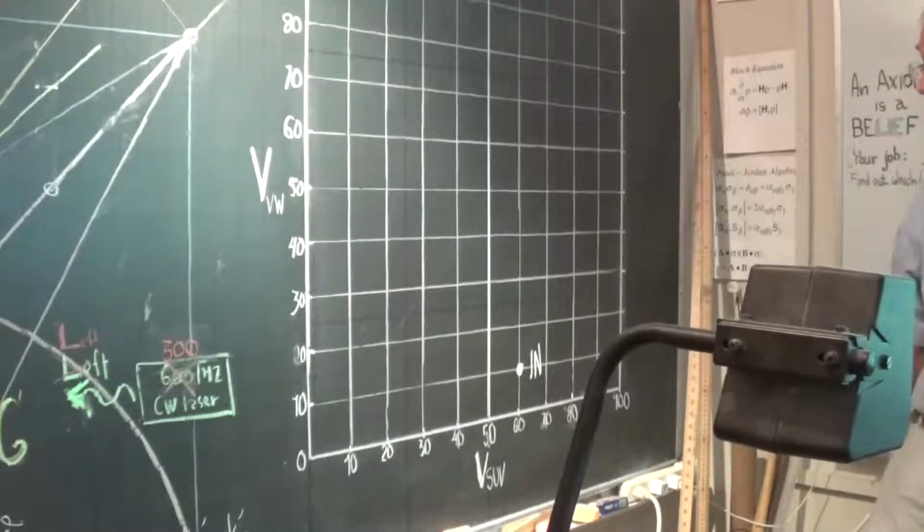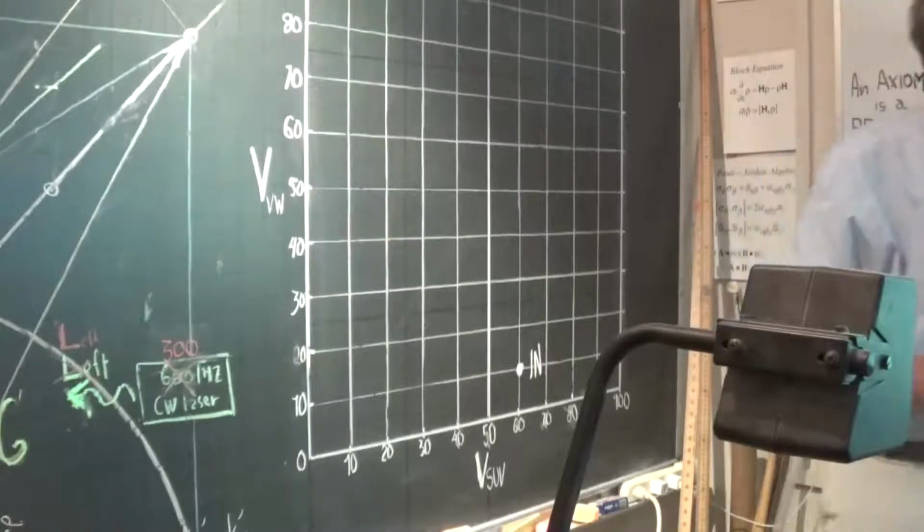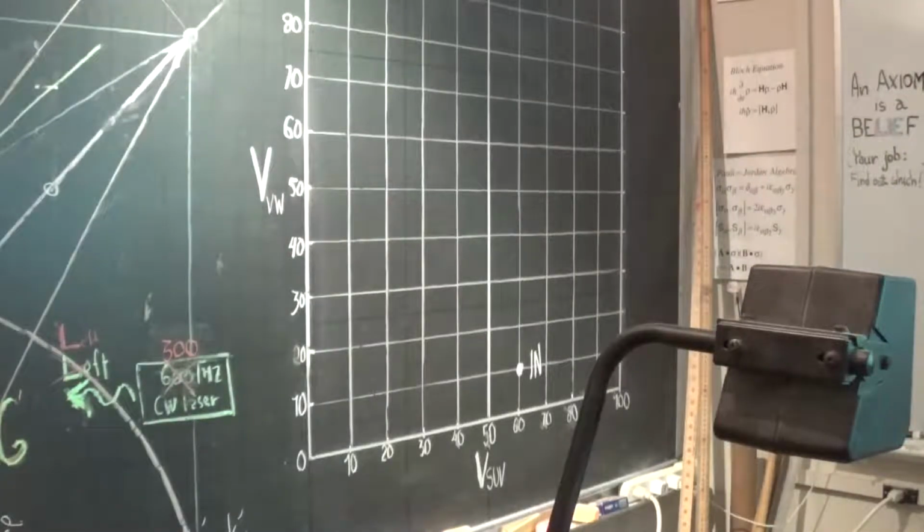And then what we're going to try to do is figure out where we're going to wind up. Okay, somewhere along the line that conserves momentum. Now it's pretty easy to figure out where that's going to be. It's going to be along a line that has a slope that is the ratio of the masses.